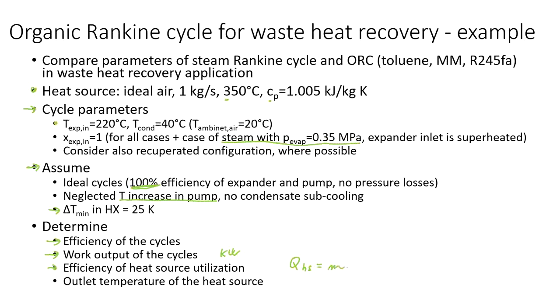So it would be the mass flow of the heat source fluid times the enthalpy at the inlet minus the enthalpy at ambient temperature. And also we will calculate the outlet temperature of the heat source stream, which will also show us how much of this theoretical potential our cycle can actually utilize and convert to work with its efficiency.